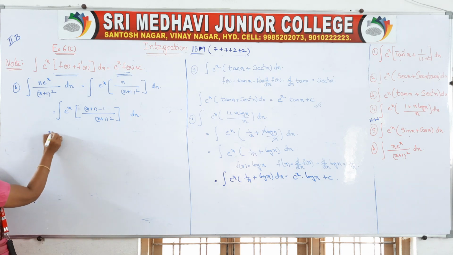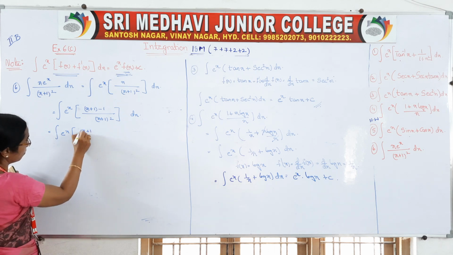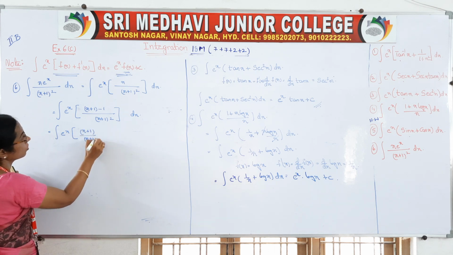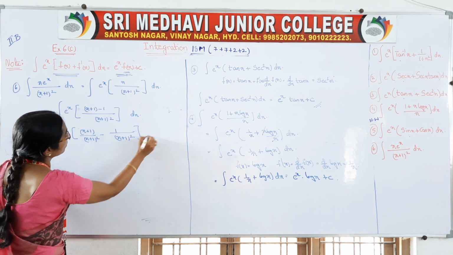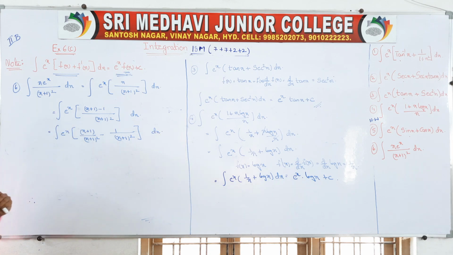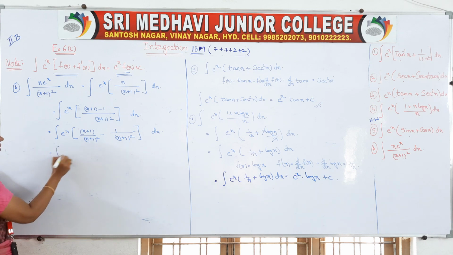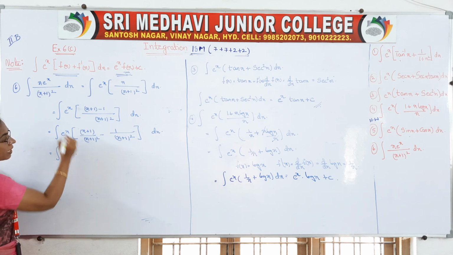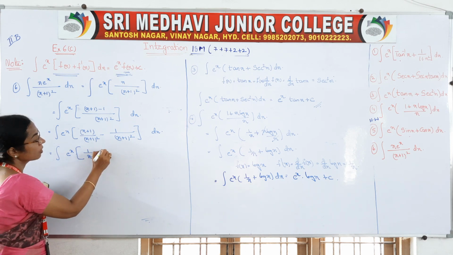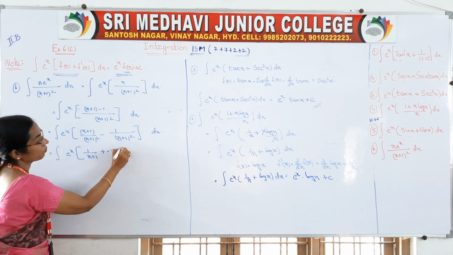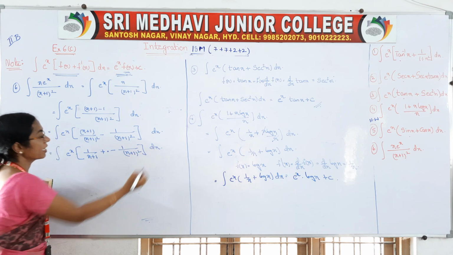Okay, write it separately: e^x [(x+1)/(x+1)² - 1/(x+1)²] dx. So what happens? One (x+1) will get cancelled: the integral of e^x outside, and [1/(x+1) - 1/(x+1)²] dx.